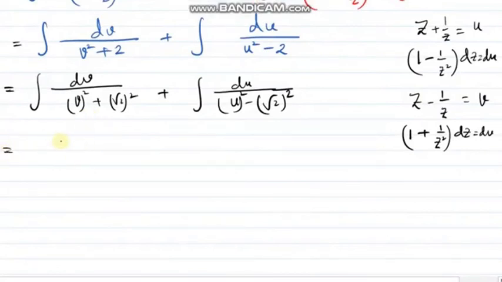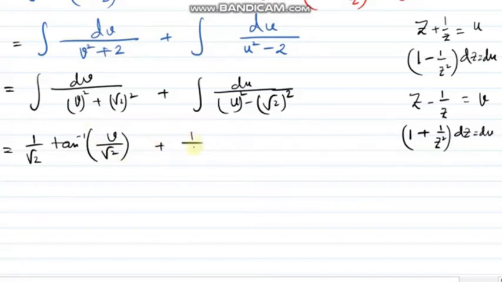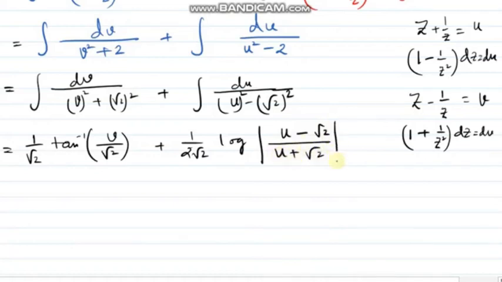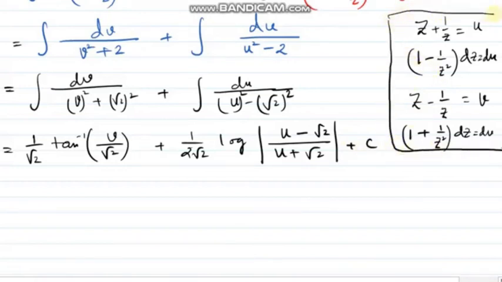The formula for this will be 1 divided by a tan inverse of x by a, right? And the formula for this will be 1 divided by 2a log of mod x minus a divided by x plus a, plus c. This is your rough calculation. Is it fine? So the sum will be 1 divided by root 2 tan inverse.